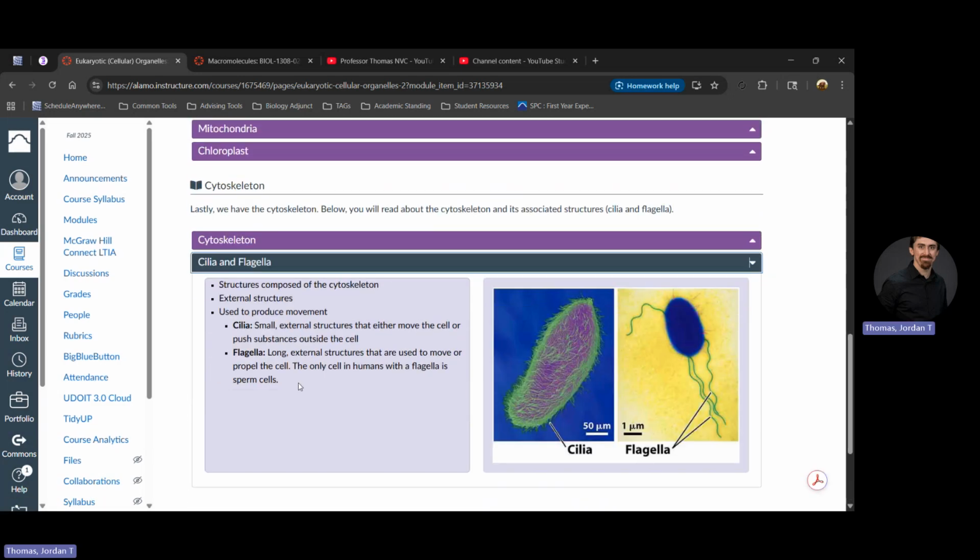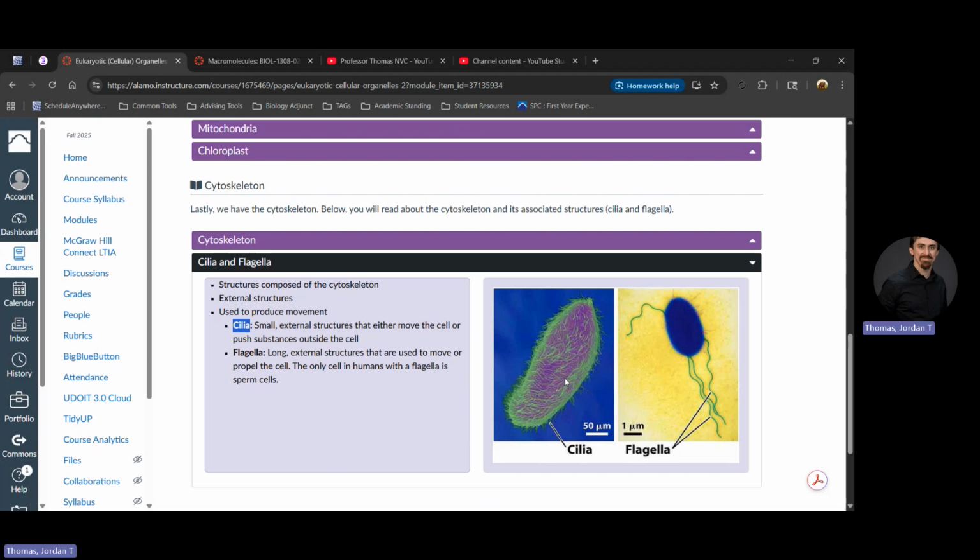The last two structures are cilia and flagella. Both are composed of the cytoskeleton, but both are external structures. Cilia are small external structures that can either move the cell or push substances outside the cell. You can see cilia here as these green strand-like, hair-like structures.